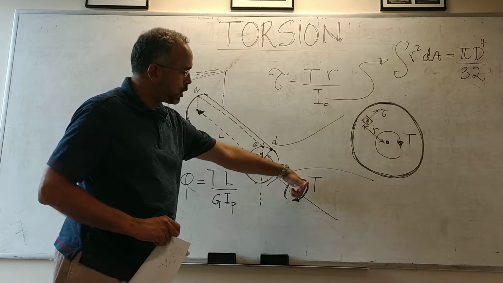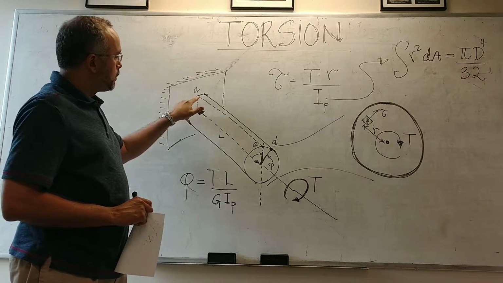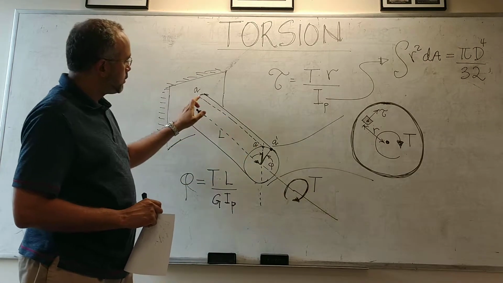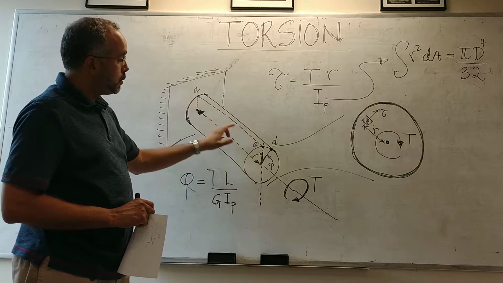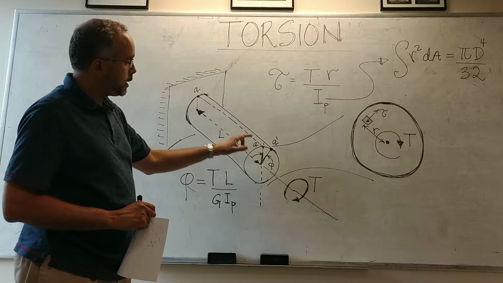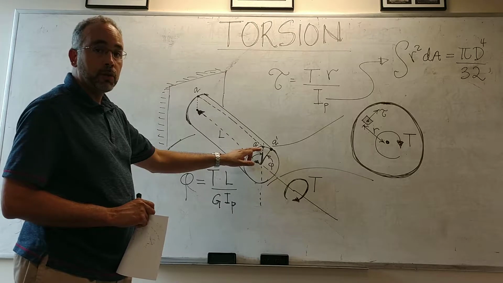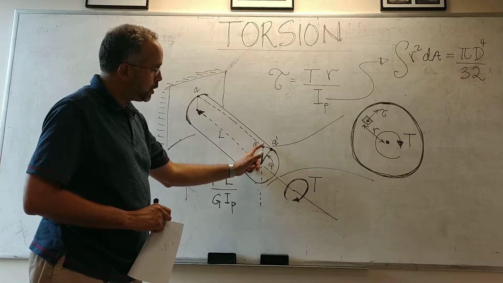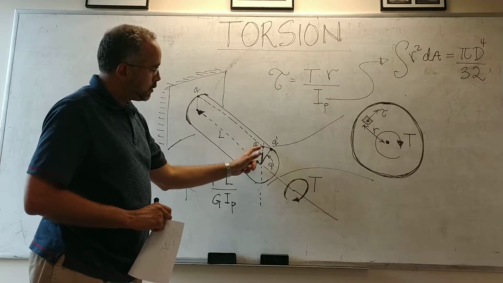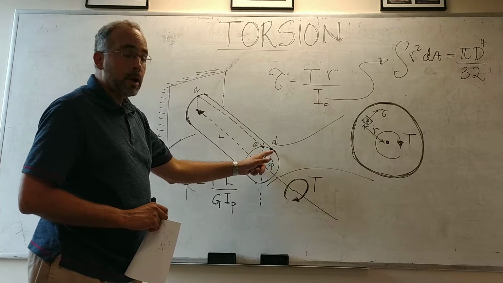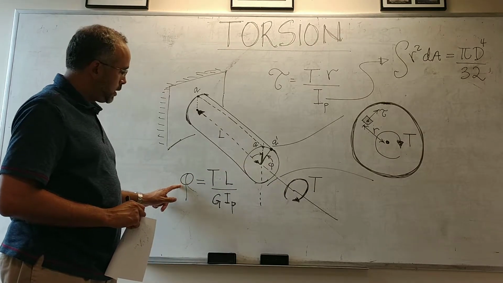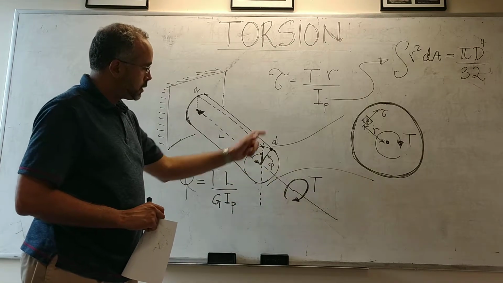If you apply a torque in that direction, these points, let's say, for example, point A, which would be up here if the shaft is undeformed, once you apply torsion to it, that point will move radially from A to A prime, making an angle with respect to the original position.